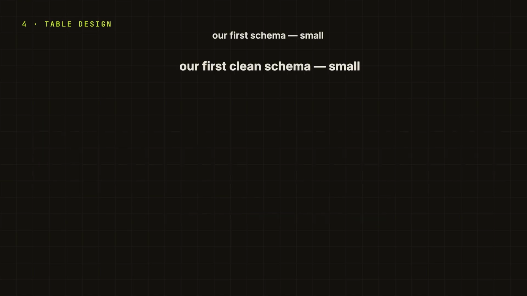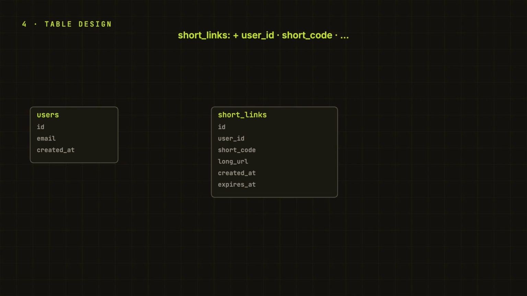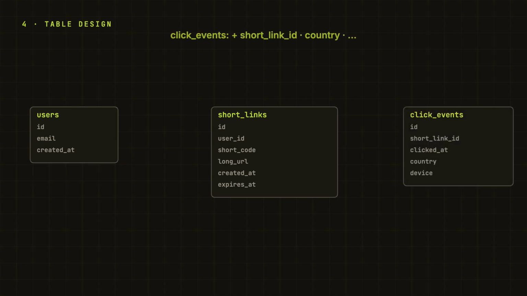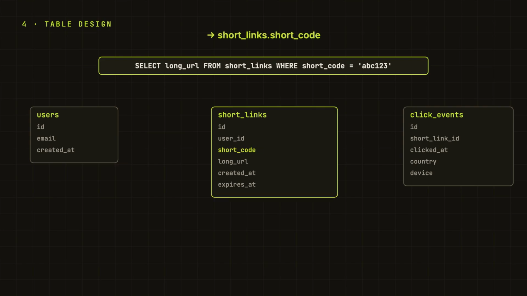So, our first schema can be very small. Users table: ID, email, created at. Short links table: ID, user ID, short code, long URL, created at, expires at. Click events table: ID, short link ID, clicked at, country, device. Now test it against the questions. Redirect by code. Look in short links table where short code equals abc123. Show a user's links.